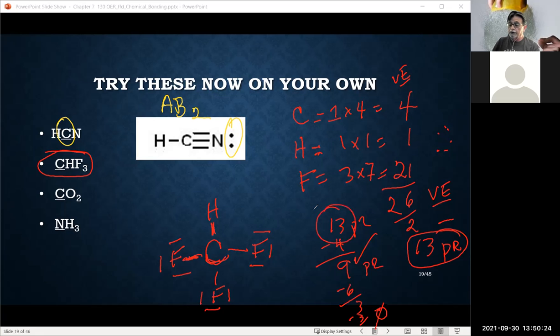I start off with 13 pair. I go back and check. Do I still have 13 pair? Because you can easily lose a line as you're building this. So go back and check. There's 9 around the fluorides as single bonds. And then the bonds inside the central atom, there's 4.